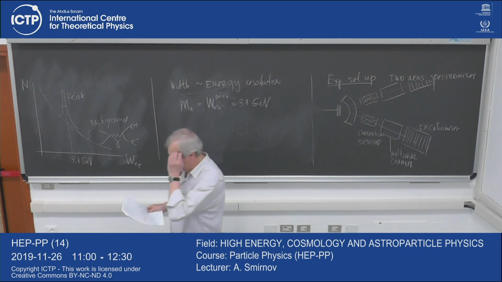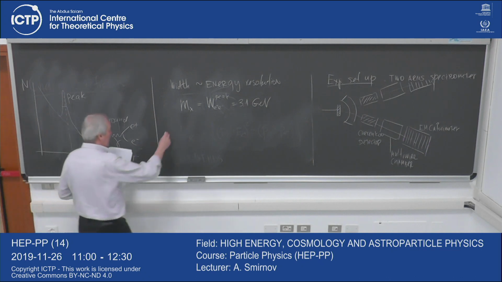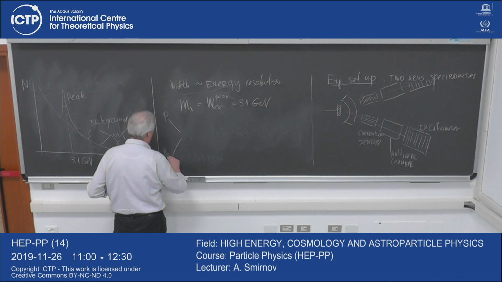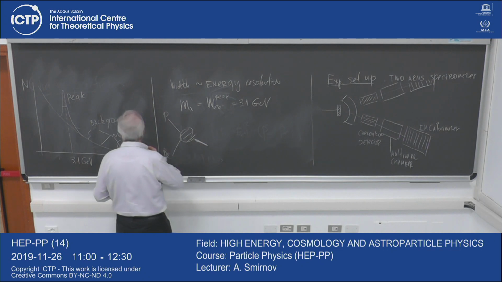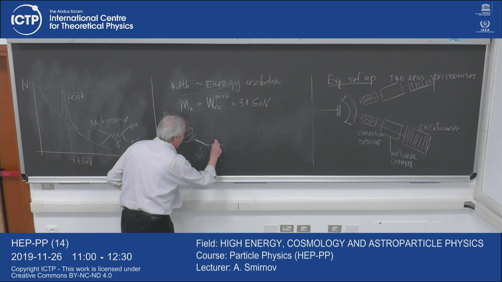You will have an exercise actually to restore the mass using the invariant mass of the decaying particle. So the interpretation is that we have collisions of proton and beryllium target, which produces for us this particle. And in this experiment it was called J particle, which then decayed to e plus and e minus.